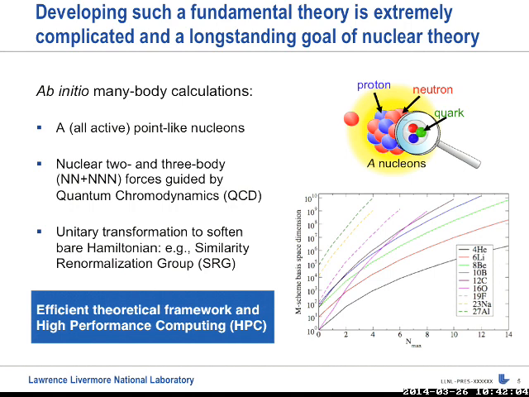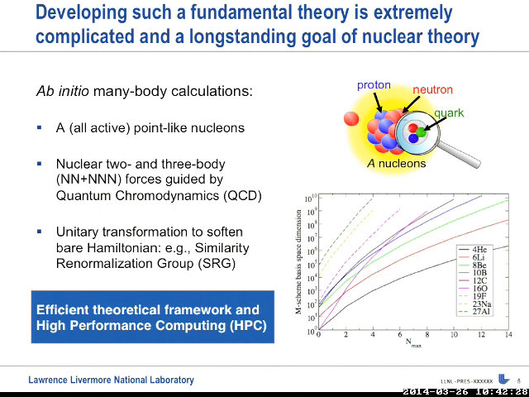So the fact that we are dealing with a hard-core Hamiltonian is an issue, because we cannot work in enormous model spaces because of the dimensions, and so we would like to keep them as small as we can. That is why we often use unitary transformations of the Hamiltonian in order to soften it.